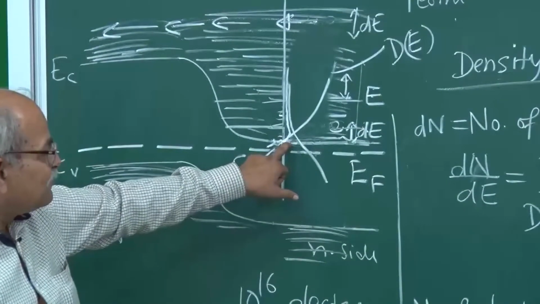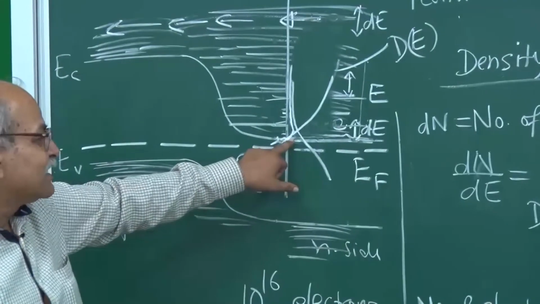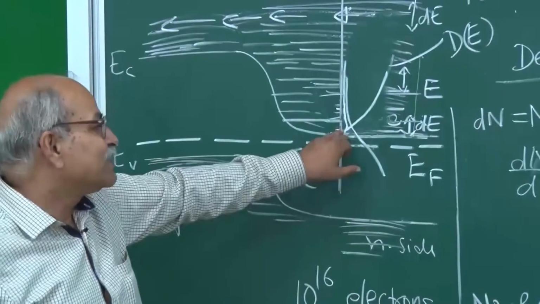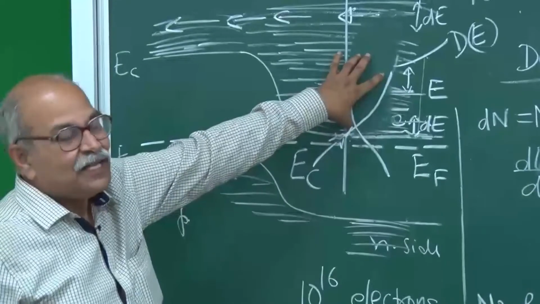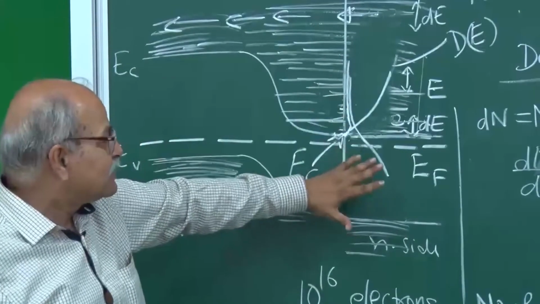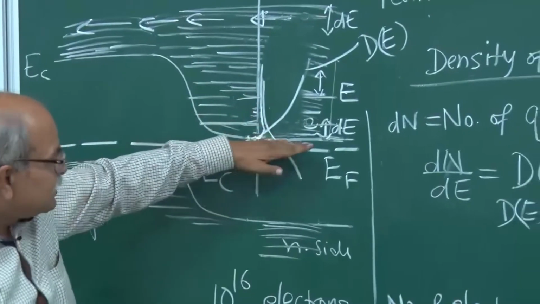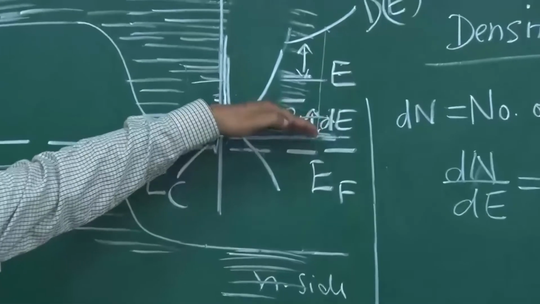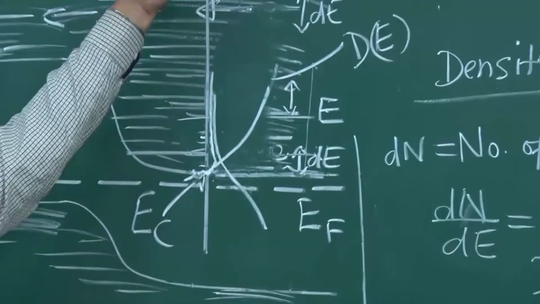Right at the bottom you do not have the maximum number of electrons because the density of states is very, very small here. Slightly above it maximizes and then it decreases. But for all practical purposes, you can neglect that variation, and you can say that the lower the energy, the larger the number of electrons, and as you go up, that number decreases.